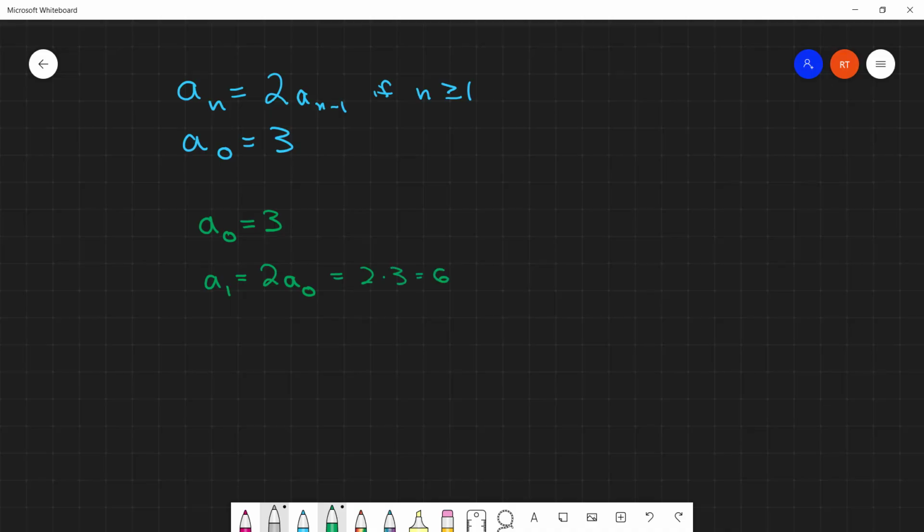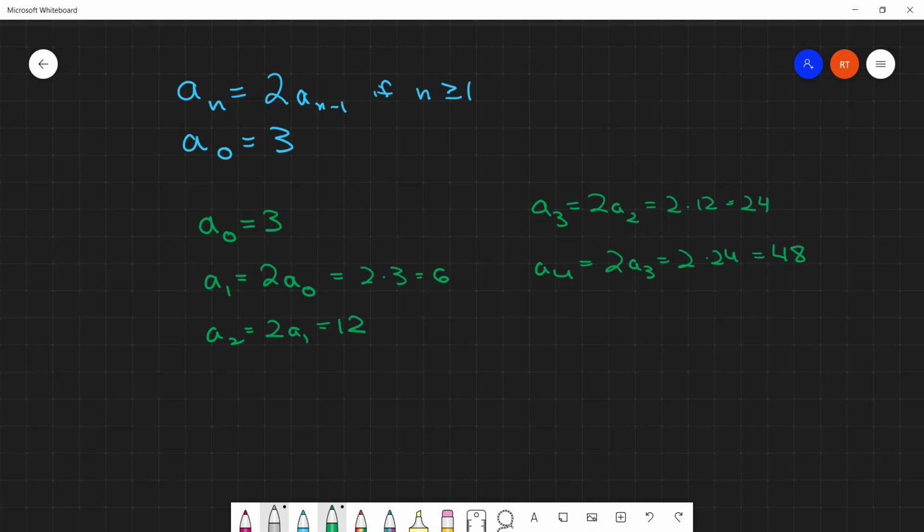Likewise, a_2 is 2 times a_1, and that's 12. Pause the video and see if you can get a_3 and a_4. So a_3 is 2 times a_2, which is 2 times 12, or 24. And a_4 is 2 times a_3, which is 2 times 24, which is 48. So those are your first 5 terms: 3, 6, 12, 24, and 48.